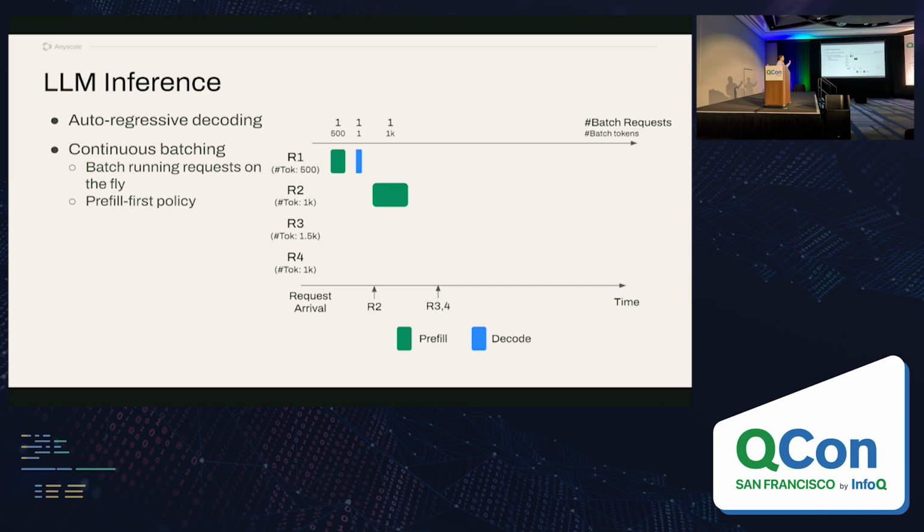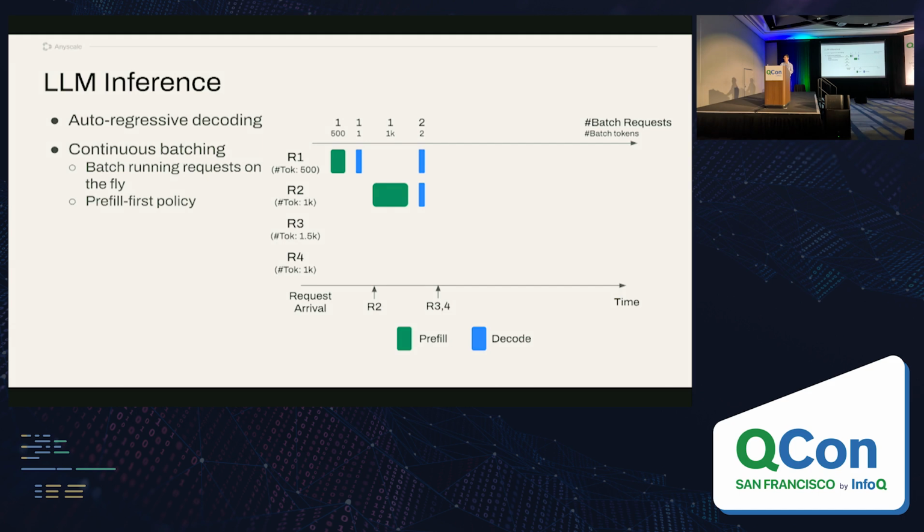Because we have a prefill-first policy, we will pause the decode process and first do the prefill for the second request. And after that, we will let this second request join the decode group to batch decode together. So you can see at this moment, our batch size becomes 2 because we're decoding 2 requests together. So this is called continuous batching.